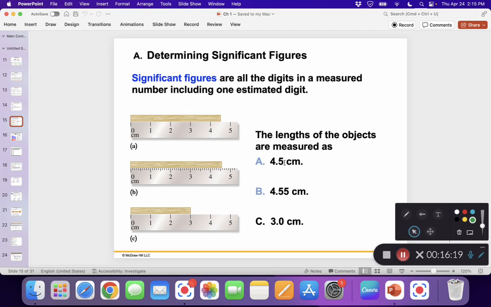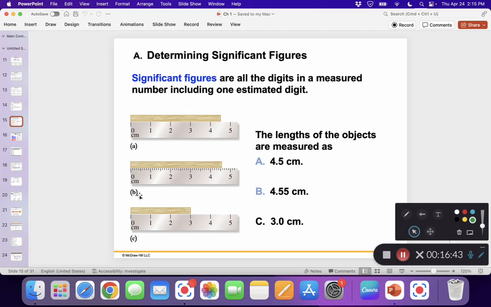You cannot say 4.666 or 4.555. You are limited to one estimated digit after your certain digit. So here 4 is your exact, certain number, and the number that comes after it is your estimated digit.